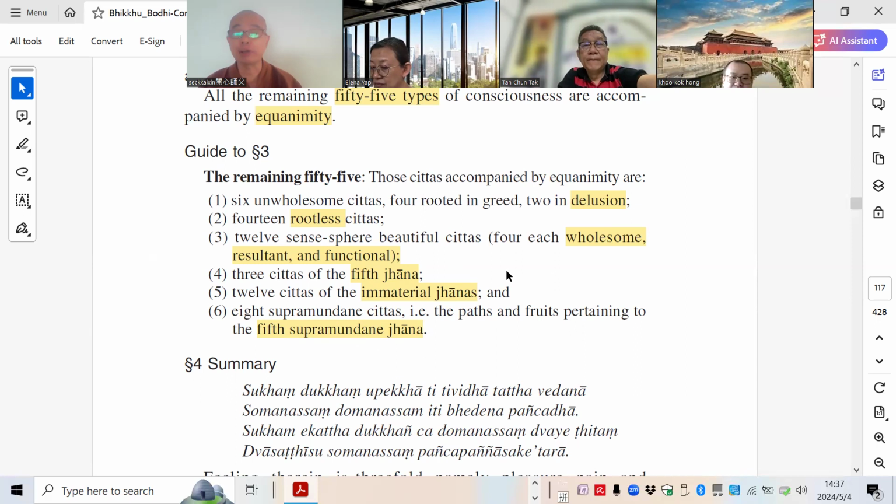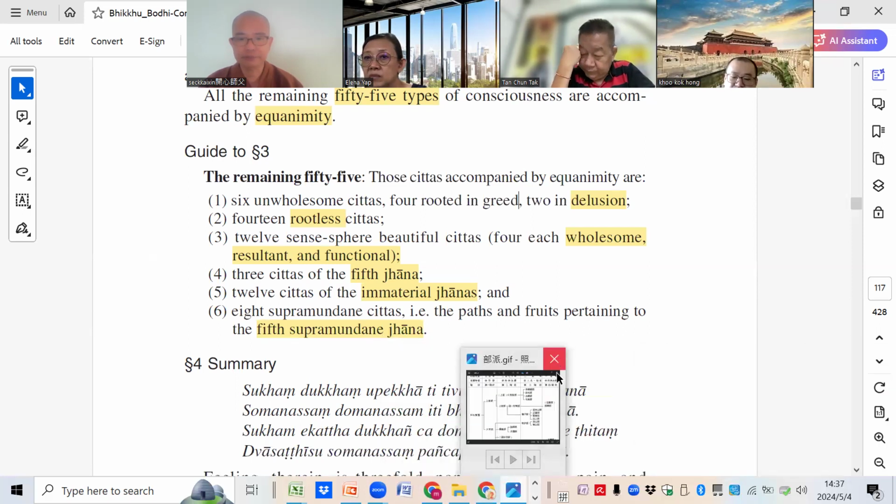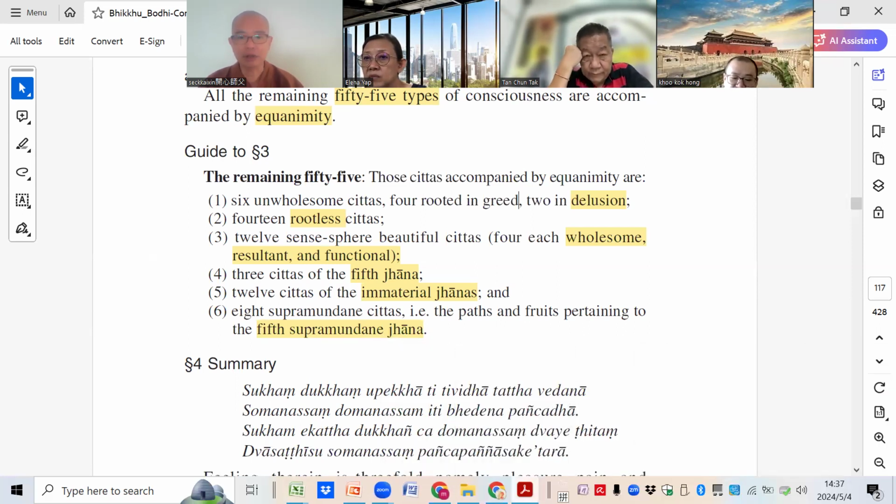Especially the 2 in delusion. I think Kok Hong will feel very familiar because just now you did the calculation. You see here, a little bit of Abhidhamma: 2 in delusion. Class, remember, in Abhidhamma, this type of delusion, let me try to close it first. Okay, class, take a look.